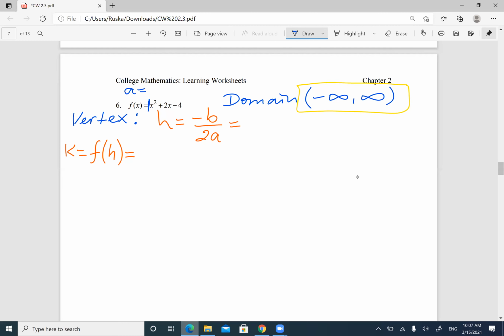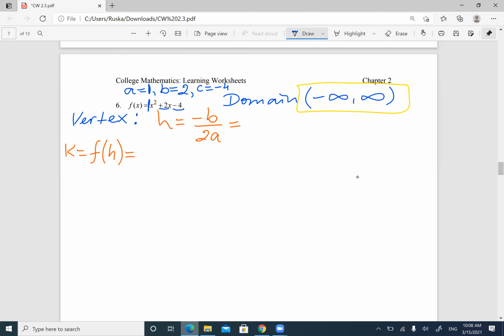In front of x squared is 1. What is b? b is in front of x. It's 2. And what is c? We don't need c, but I'm going to write it. c is the number by itself, negative 4. All the numbers go with the sign in front of them.